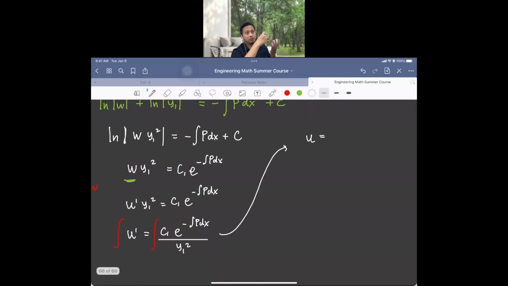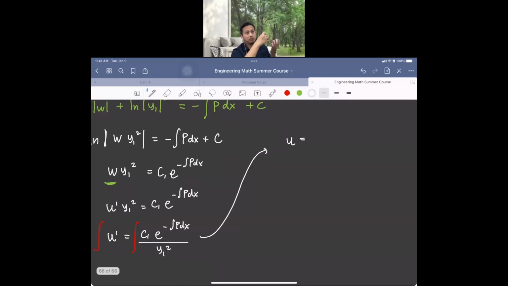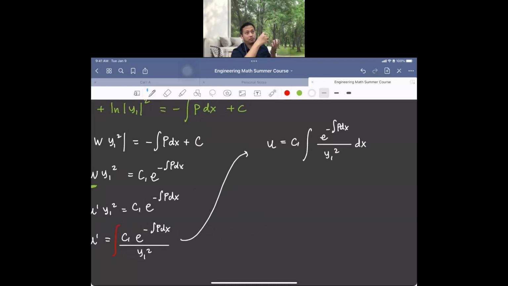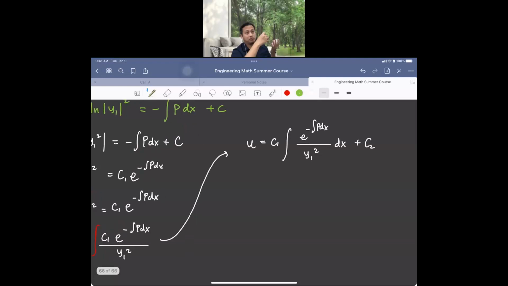And then integrate with respect to dx. So u prime becomes u, equal, let me write the constant outside of the integration, and this will be e to the negative integral of p dx over y1 squared, dx, and another constant on the right side.